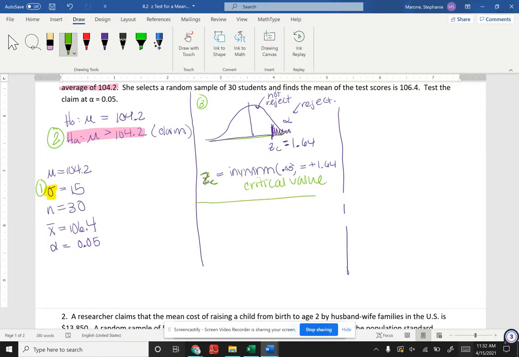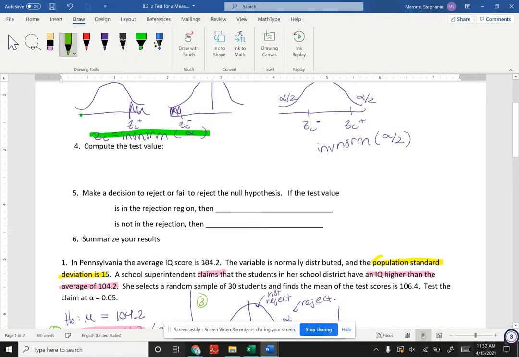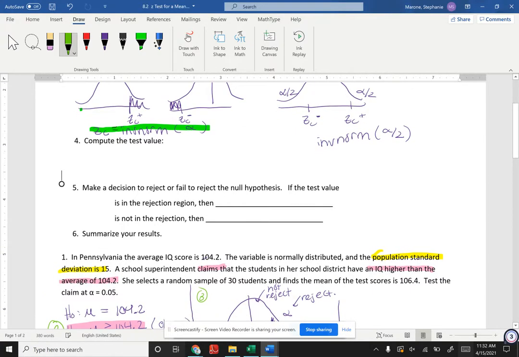The fourth step is to find the test statistic, or test value, or sample statistic, whatever that is, could be all different words. We just use the letter Z. We don't use any subscript. This formula we used before: Z equals the sample mean minus the population mean, over the population standard deviation divided by the square root of n.